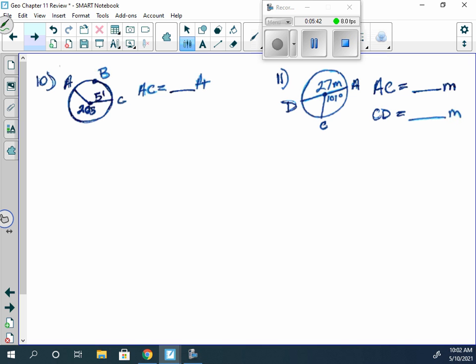We want to find the length of AC. So AC is going to be our arc degree over 360 times 2 pi r. Now our radius is 5. And our arc measure would be what?